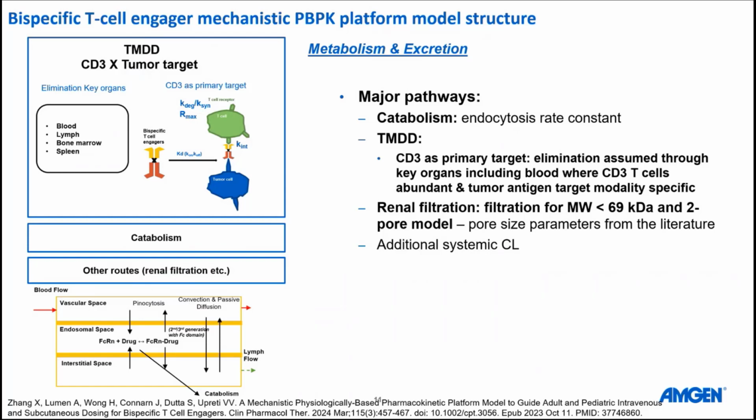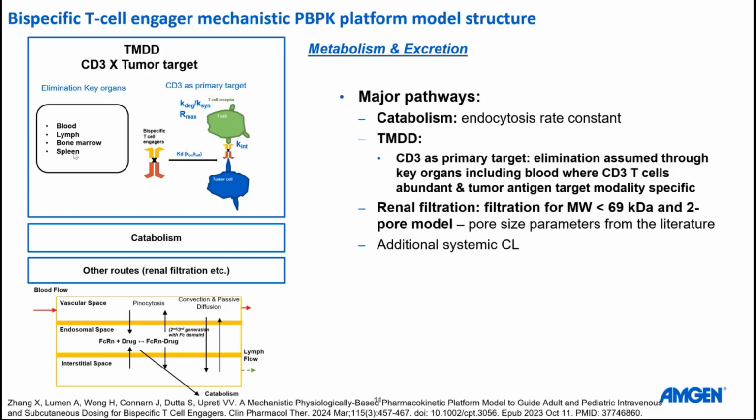Yeah, thank you for the question. For modeling the CD3 part, for the individual BiTEs, we have the CD3 binding affinity reported from the SPR assay, and the CD3 receptor abundance we collected from the literature and converted to Rmax, a receptor abundance term in micromolar, for different organs.